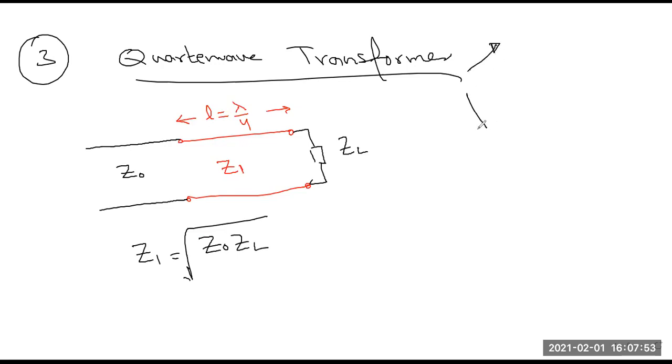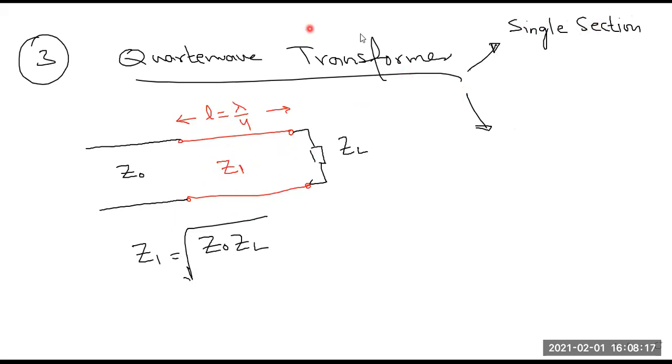One category that we already know about is the single section quarter wave transformer, and this is the one which we are looking at. Its standard name is single section quarter wave transformer.